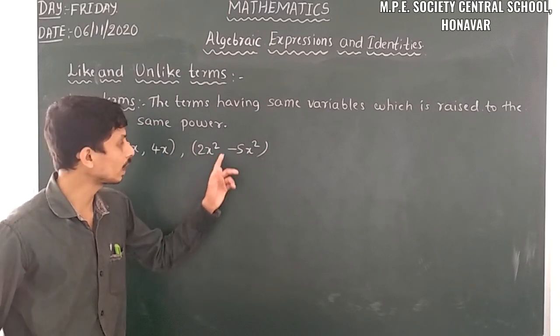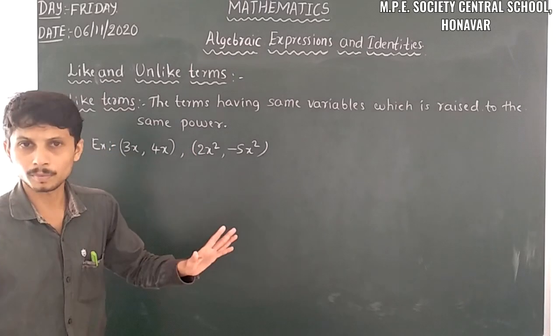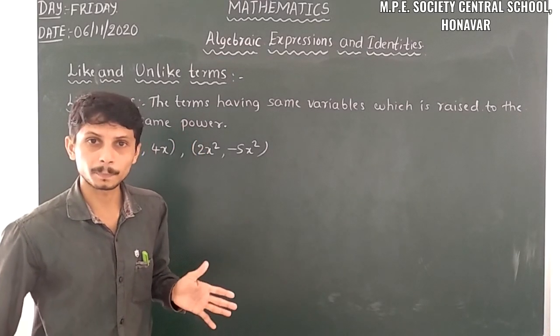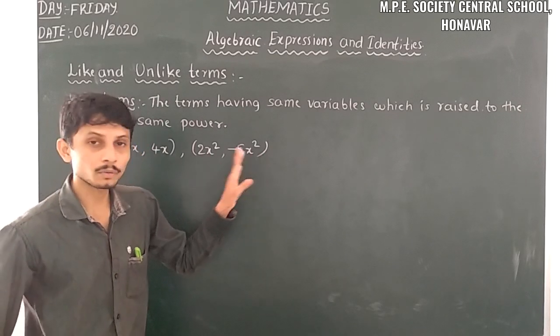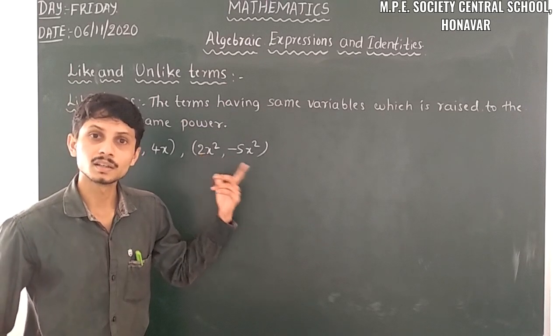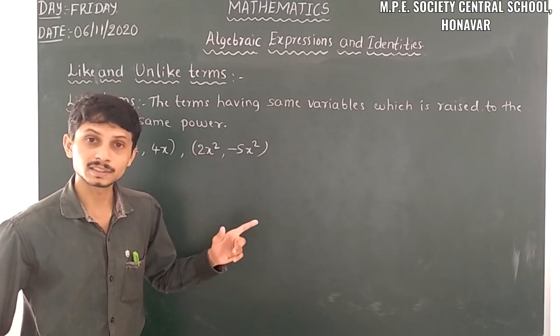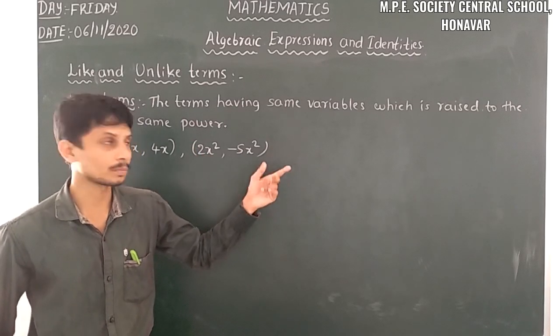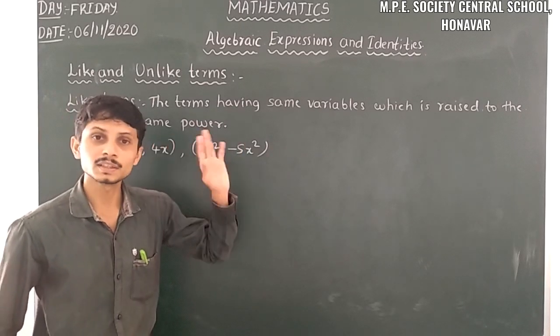Whatever the coefficient we have, minus 5 or 2, no problem. Here we have to observe the variable part, and those two variables are the same, so we can consider them like terms. If the variable is raised to some power, the power must also be the same.